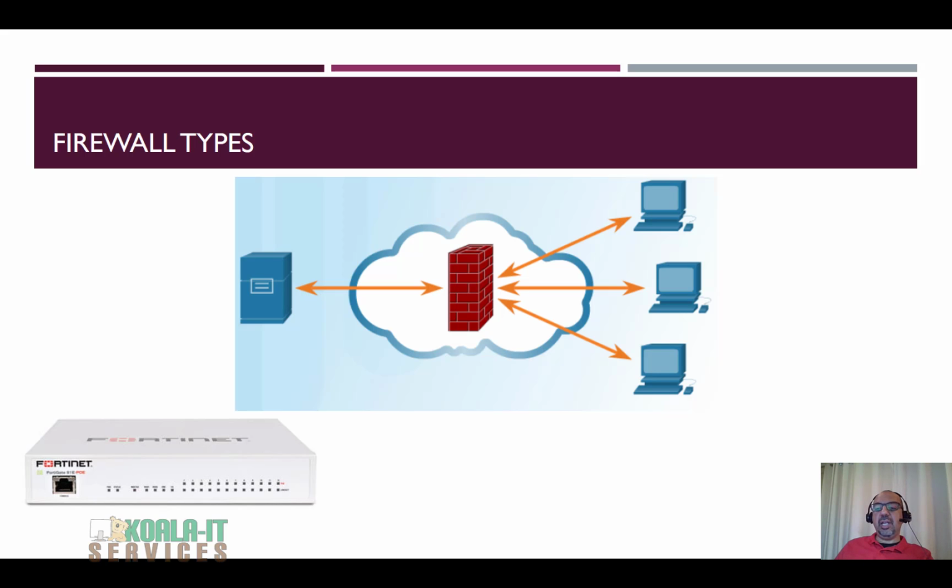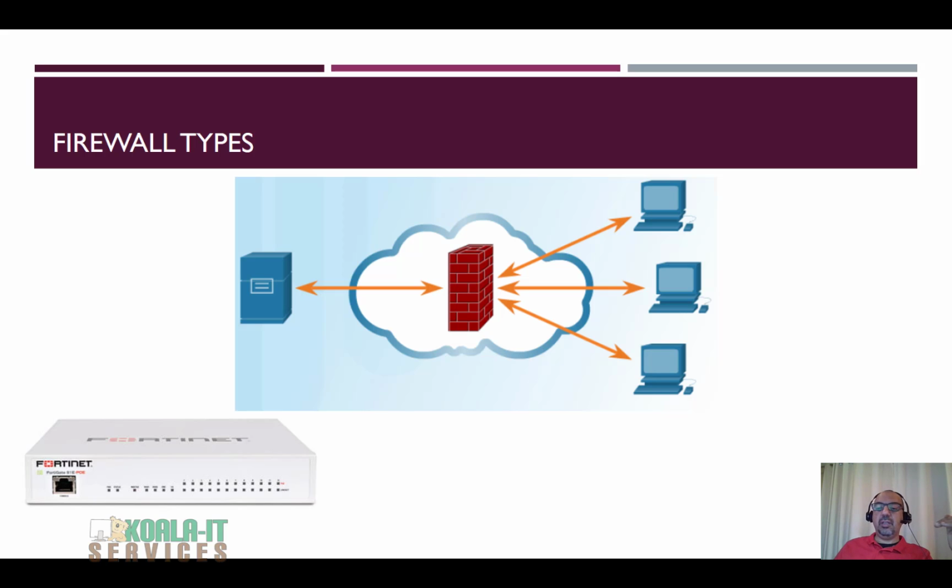So here is a list of common firewall types. We have network layer firewall. This one will filter based on source and destination IP addresses. Transport layer firewall, filtering based on source and destination data ports and filtering based on connection states.